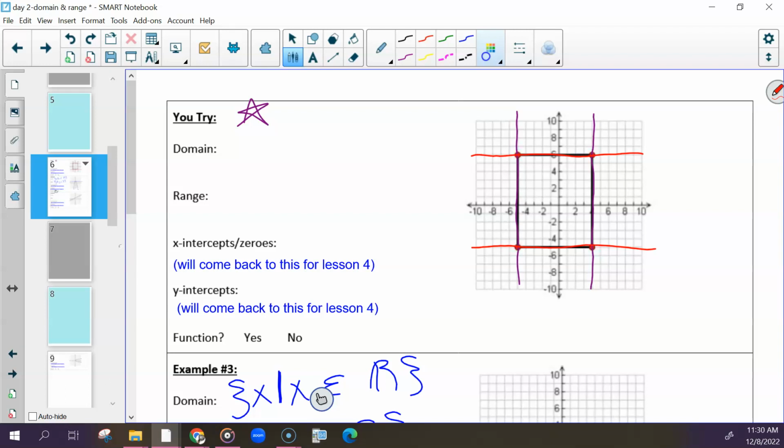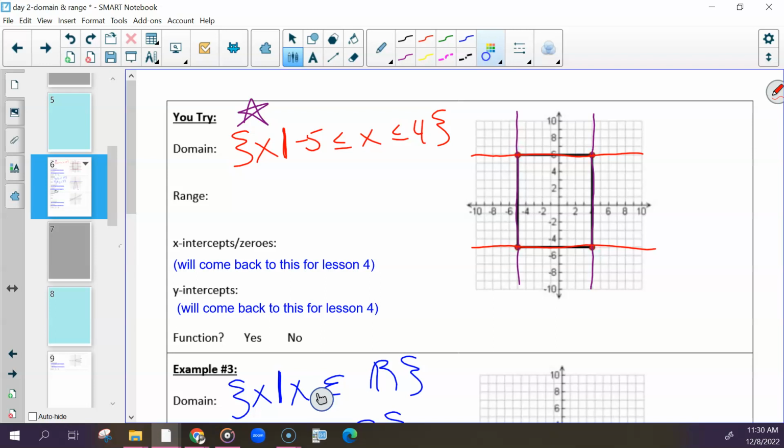The curly brackets x such that -5 is less than or equal to x is less than or equal to 4.